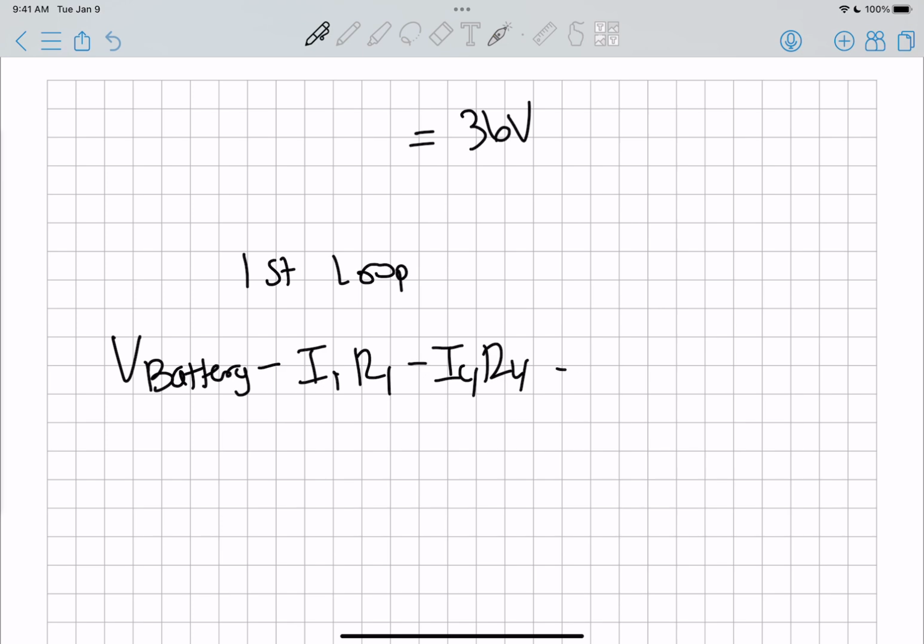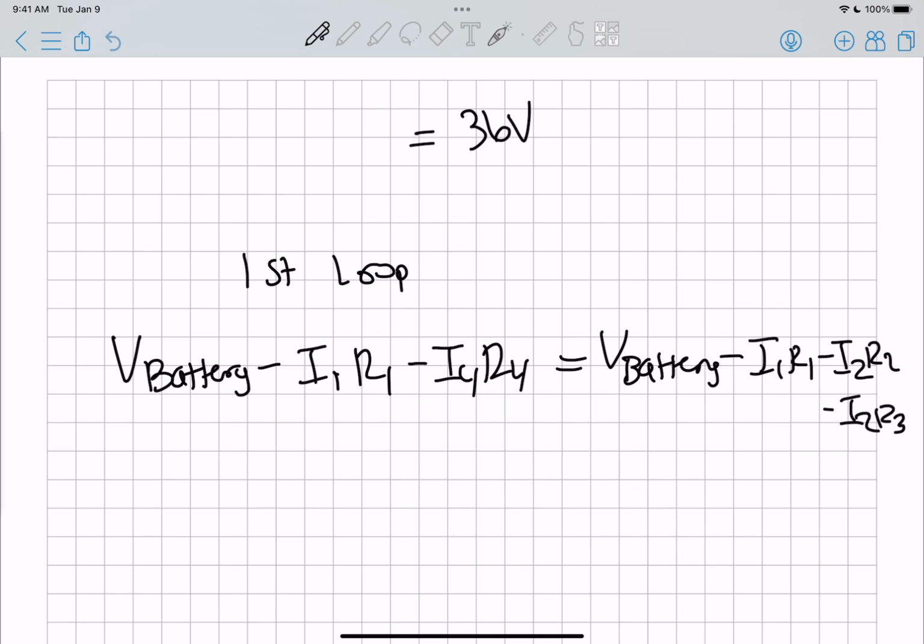That should equal 0. It should also equal, because whichever loop you go through, you should end up at 0 at the end, the other loop, which was still V battery minus I1 R1 minus I2 R2, and then minus an extra I2 R3. Why do I have I2 the same here?